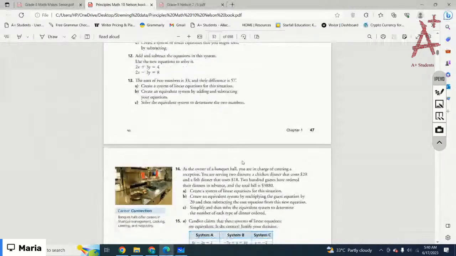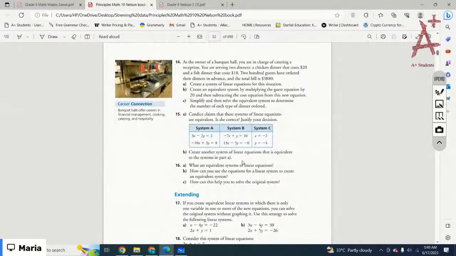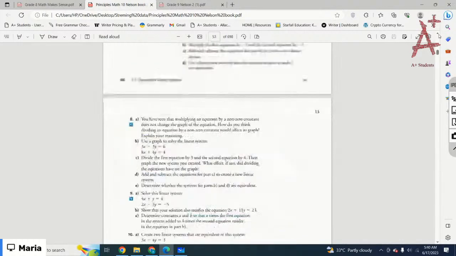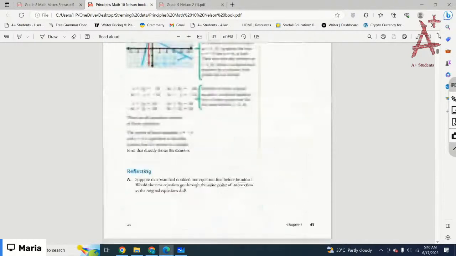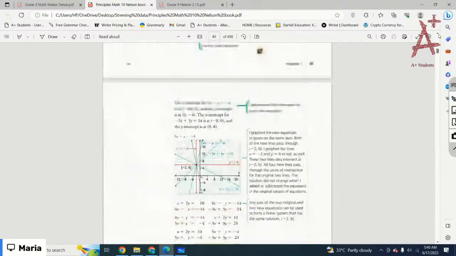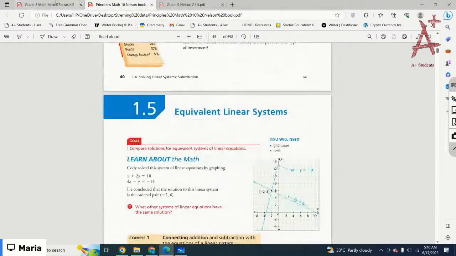Okay, you can solve the rest of the questions on your own. So that's all for today. We are working on the system of linear equations, chapter number 1 from the Nelson book, Principles of Math Grade 10. You can do as many practice questions as you can. We have done 2 of the lessons today.